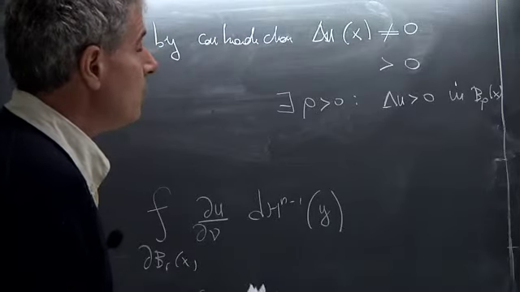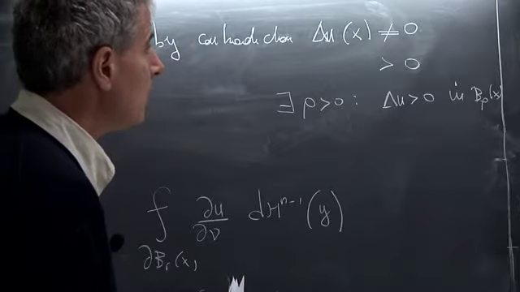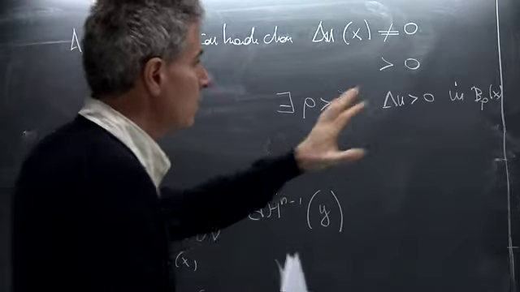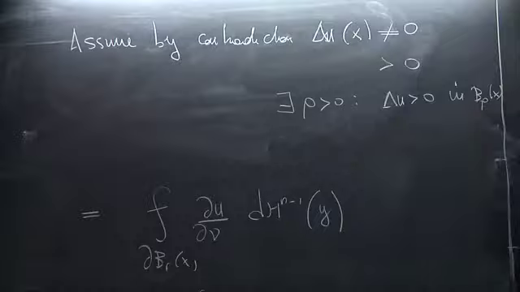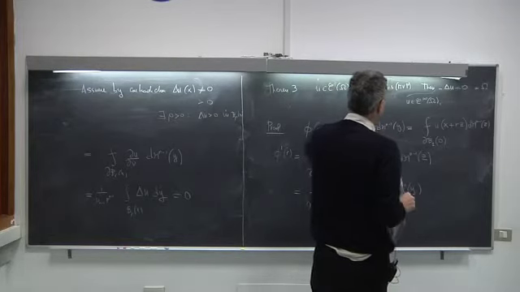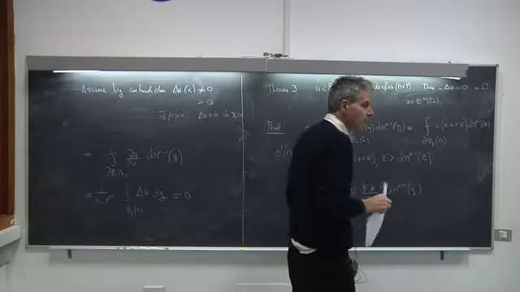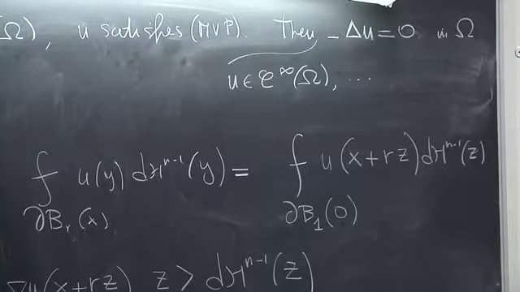Therefore we have this interesting result, which is more difficult, you see, but we have a sort of characterization of harmonicity even for continuous functions. If you have a continuous function which satisfies the mean value property, then it is harmonic in the classical sense.